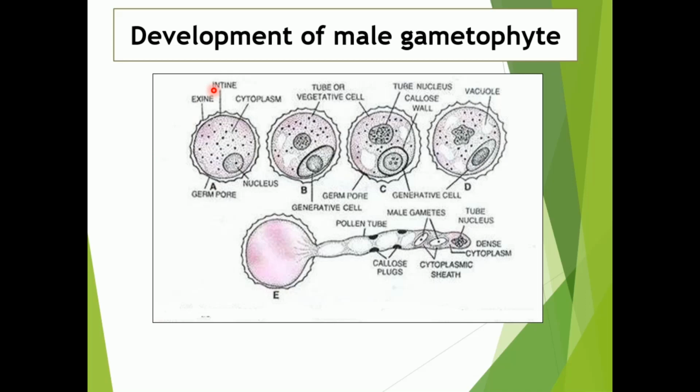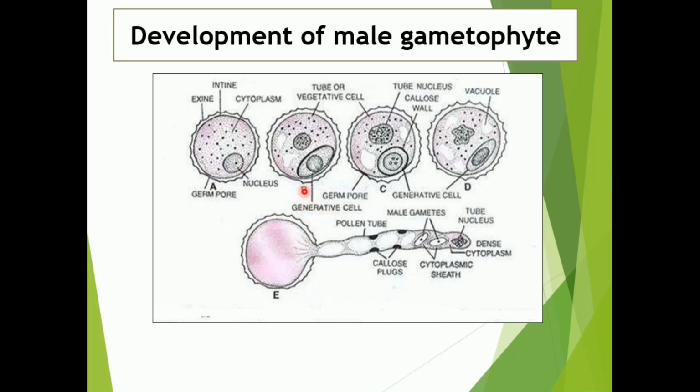So this is the structure of development of the male gametophyte. Here pollen grains mark the beginning of development of the male gametophyte. In this diagram, first of all, it undergoes the first mitotic division to produce a bigger naked vegetative cell and a small thin walled cell called the generative cell.